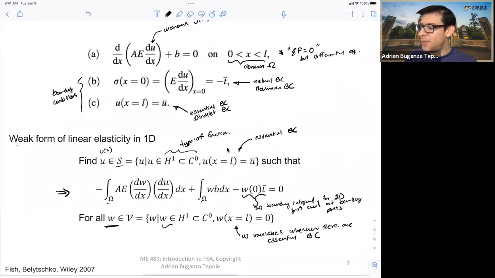And again, there's some question about the type of functions. That's what we came up with.